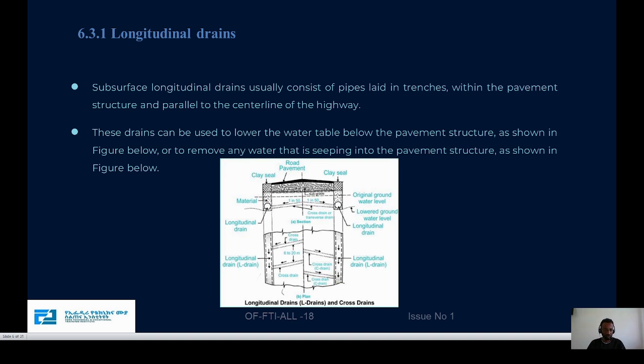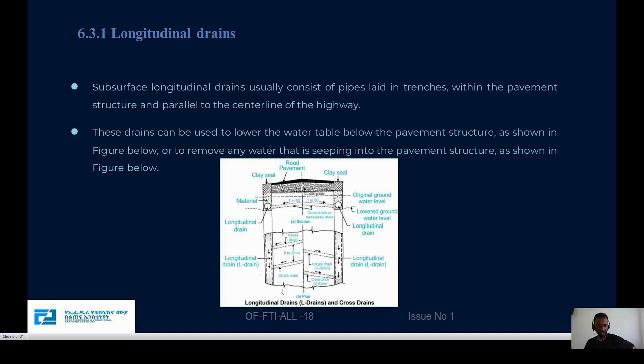The first one is longitudinal drains. These usually consist of pipes laid in trenches within the pavement structure, and mostly they are parallel to the center line of the highway.